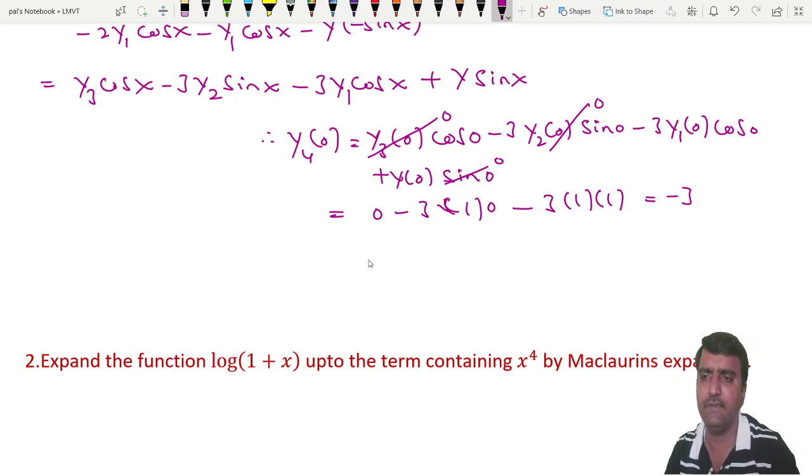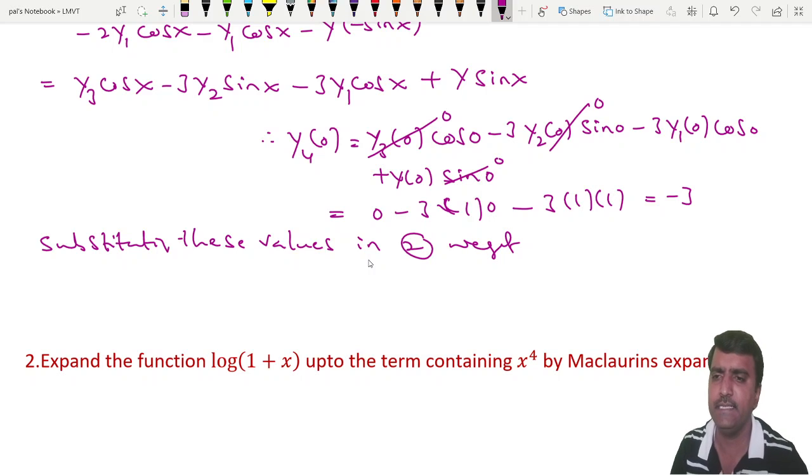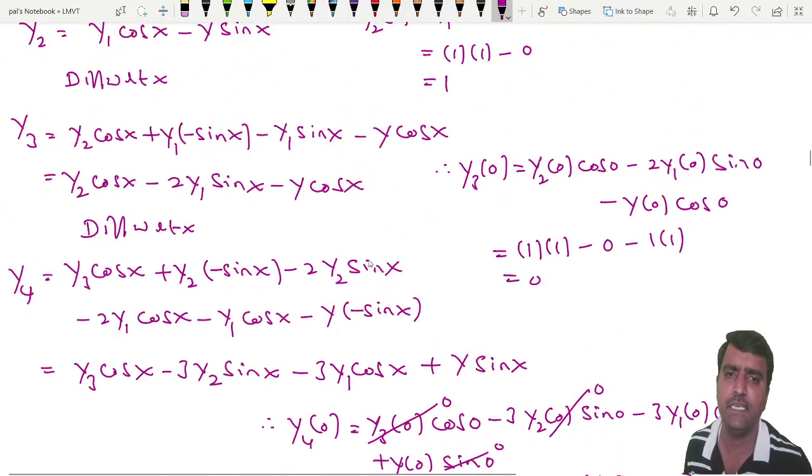Substituting all these values in equation 2, we get, what is y? Y is e to the power sin x. E to the power sin x is equal to y of 0, almost all are 1.